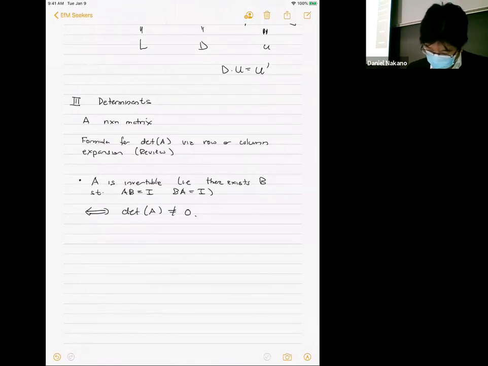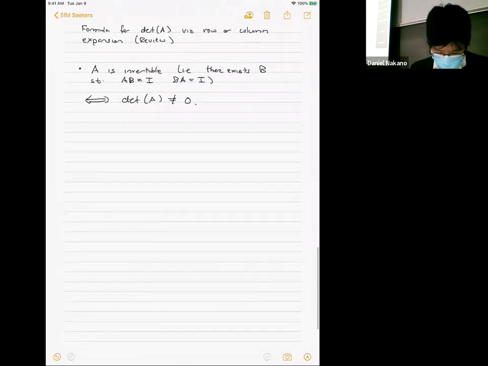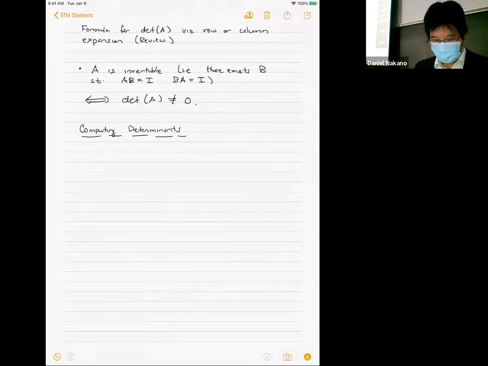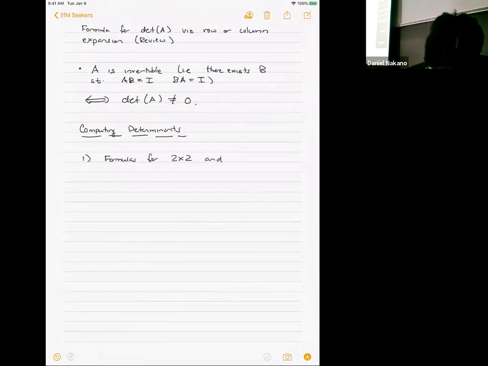Now, there are certain ways that we learned how to compute the determinants. So let me review those methods for you. The first method was there are formulas for 2 by 2 and 3 by 3 determinants.